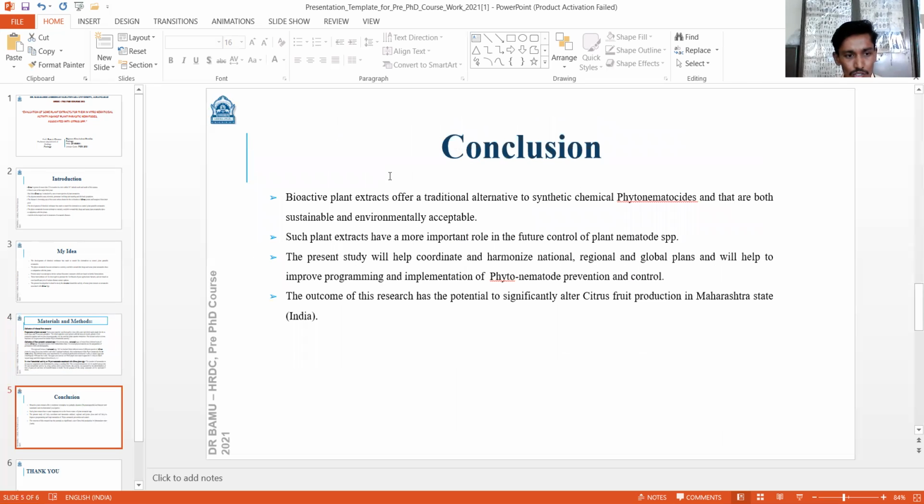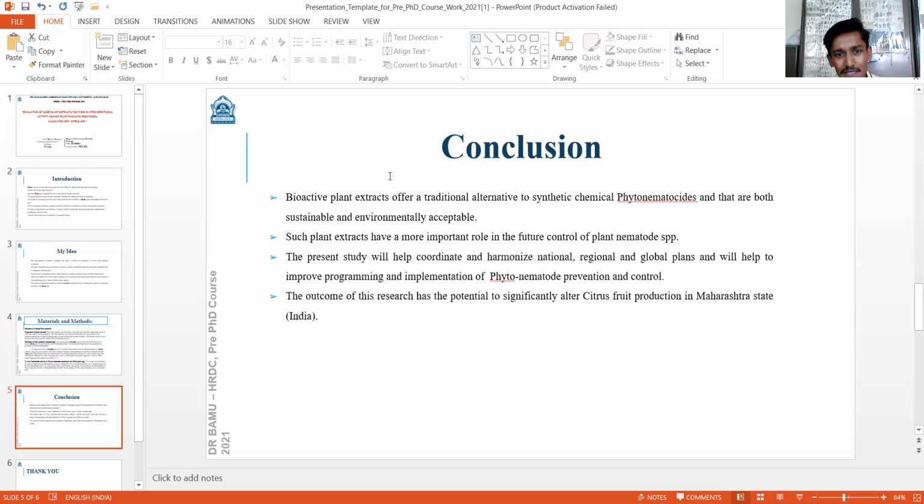The conclusion of my research work is that bioactive plant extracts offer a traditional and natural alternative to synthetic chemical phytonematicides, and they are both sustainable and environmentally acceptable because of their naturality.